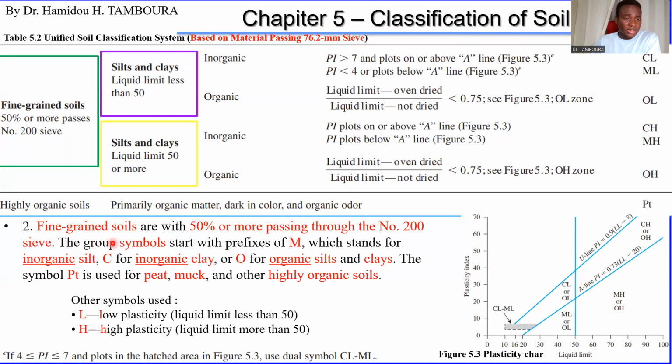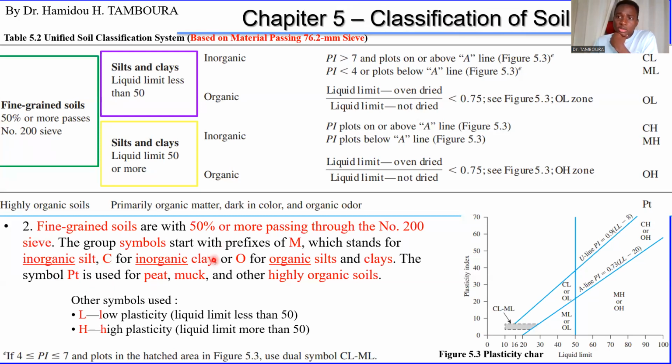So to summarize, the second part of the classification is fine-grained soil. So 50% or more passing the sieve number 200. Okay. And the symbol we have is M for silt. If only M, it means inorganic silt.